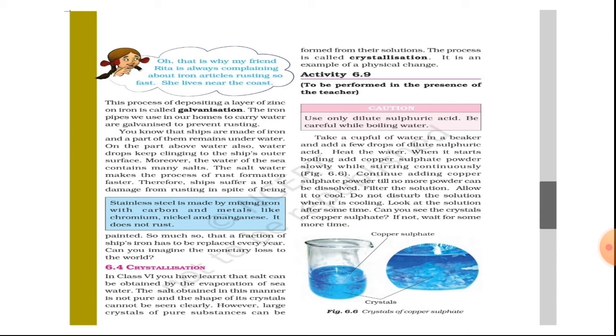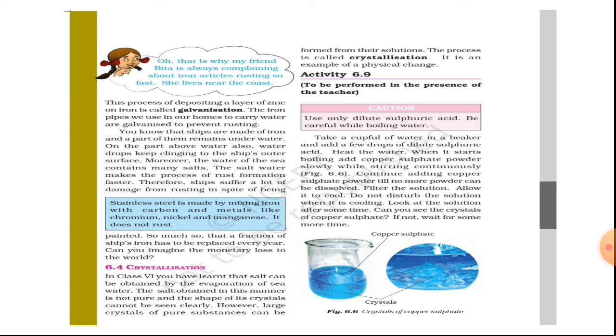I hope all of you understood the crystallization process with this given experimental module. Here in this process, first by giving heat, we converted the saturated solution of copper sulfate into a supersaturated solution.